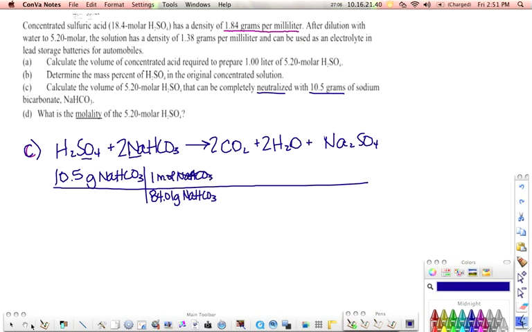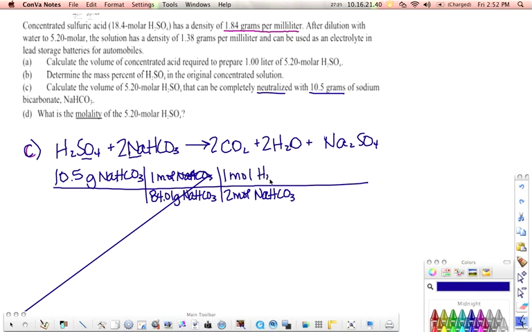Oh, it's sticking again. I don't know why it does that. And then for every 2 moles of NaHCO3, we're going to react 1 mole of H2SO4 according to our reaction up here. And our molarity is for every 5.2 moles of H2SO4, we will have 1 liter of the solution.